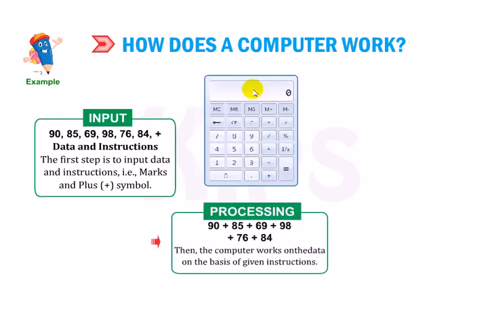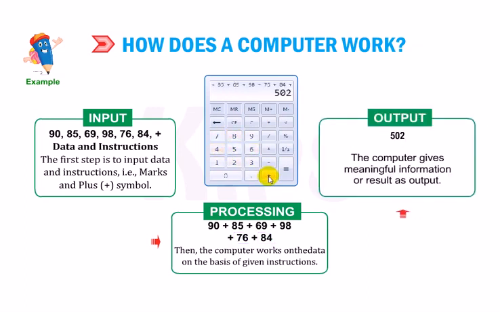Then the computer works on the data on the basis of given instructions: 90 plus 85 plus 69 plus 98 plus 76 plus 84. In the end, the computer gives meaningful information and result, which will be 502.